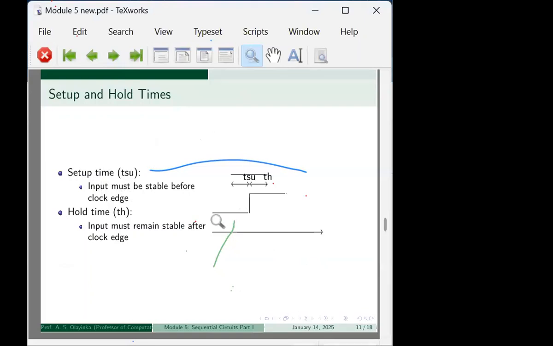Look at what I have here on the screen. We look at a diagram, where we have an input that must be stable before the clock edge. Remember, I told you what TSU and TH are in the previous slide.